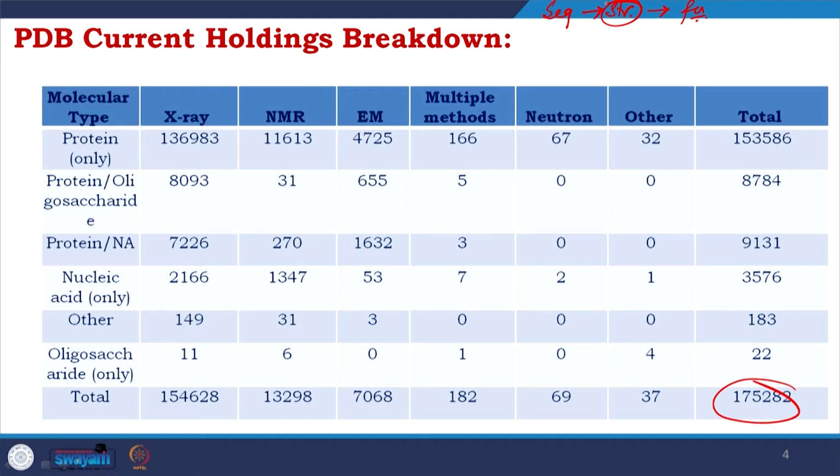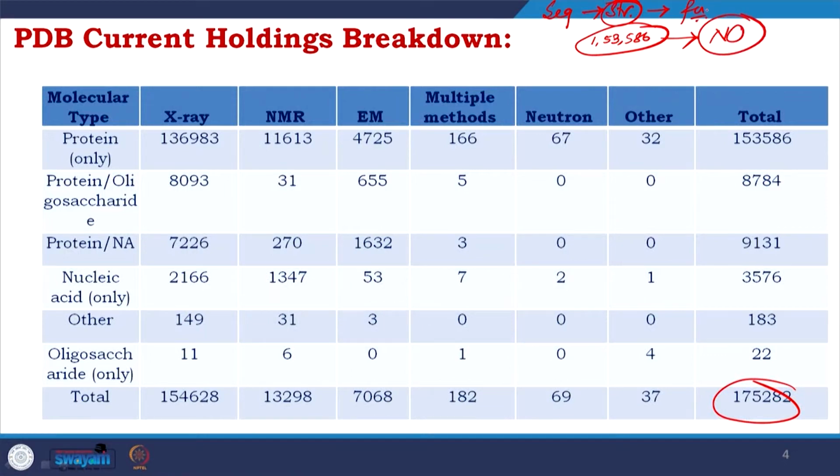So, when we see here 1,53,586 proteins, only protein, do the structural entries of 1,53,586 proteins represent 1,53,586 proteins? The answer is no.